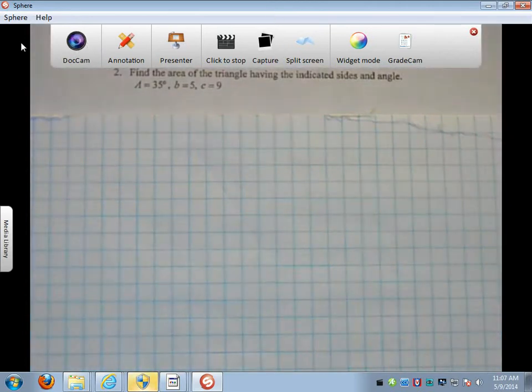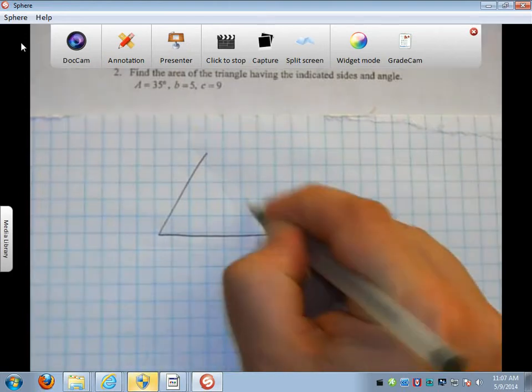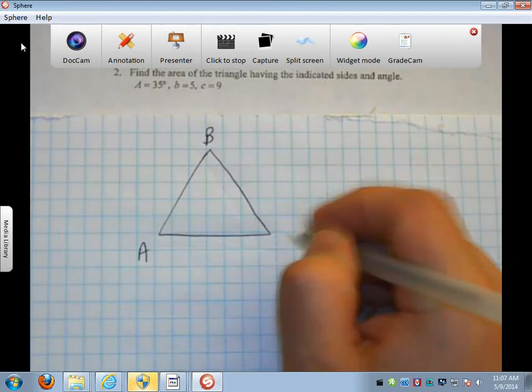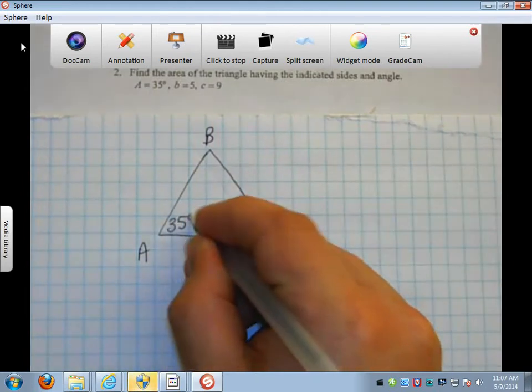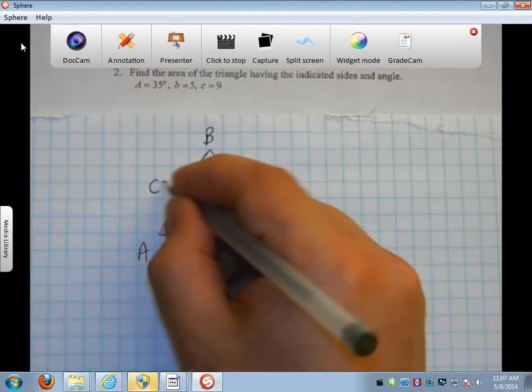Okay, find the area of the triangle having the indicated sides and angle. So little b equals 5 and c equals 9.